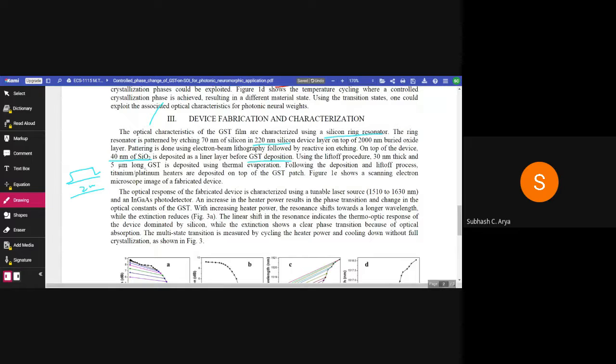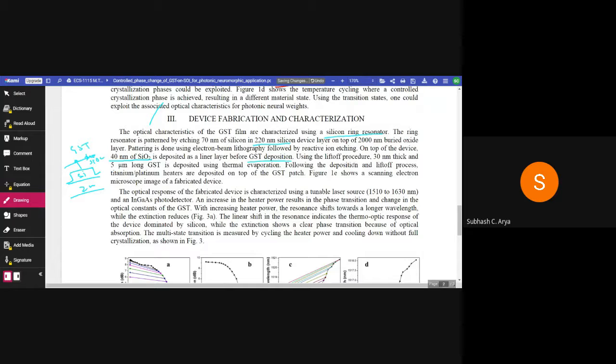On the top of the device, 40 nanometer of silicon dioxide is deposited. So here, a further 40 nanometer of SiO2. This is silicon, this is silicon dioxide, deposited as a thin layer before GST deposition. So 40 nanometer, and after that GST.